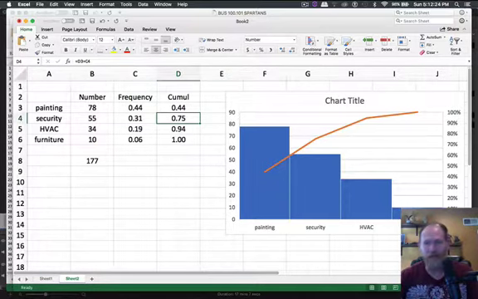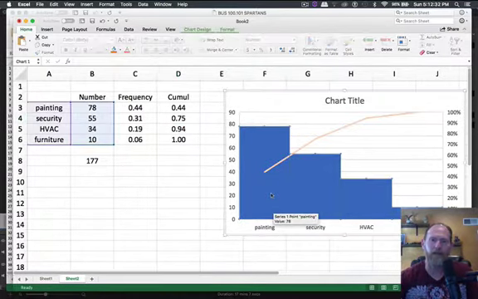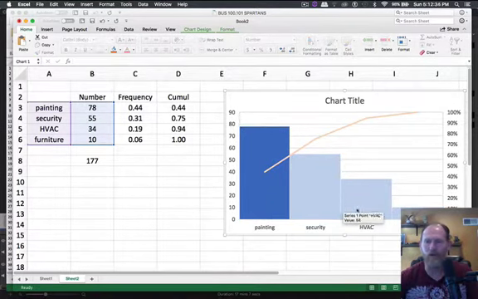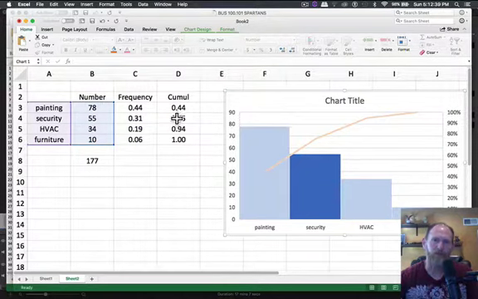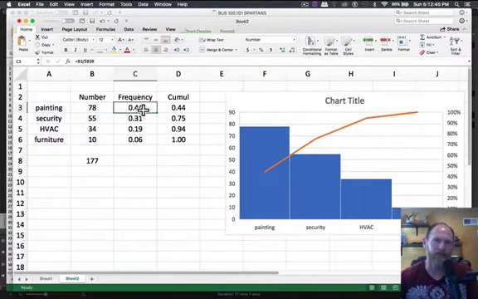Personally, I don't really like interpreting it that way. In reality, the value of this chart would be for me to say, hey, painting is greater than all the others. How much greater? Well, percentage-wise, I would be looking at this column. It's 12%, or excuse me, 13% greater than the next closest one.